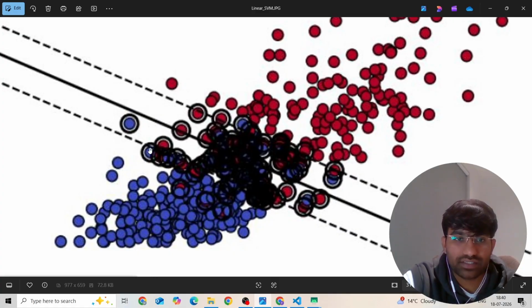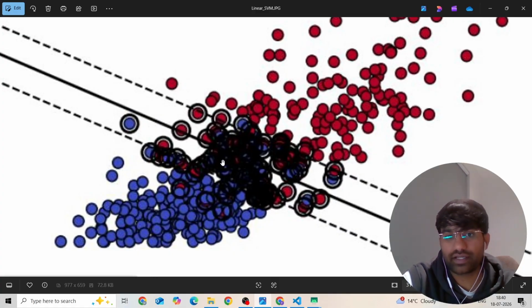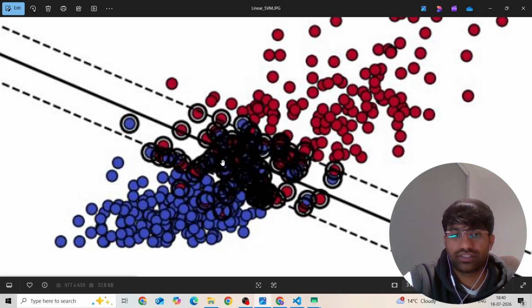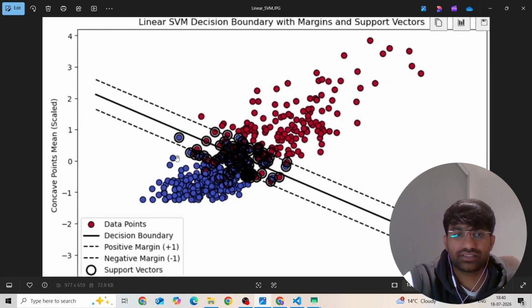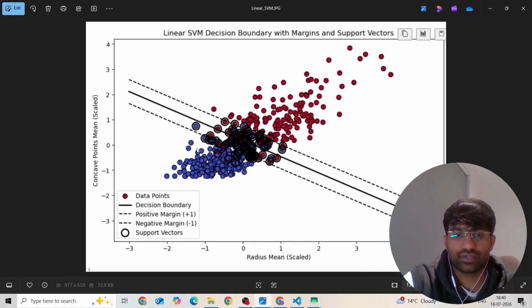These points are on the margins, right? These are support vectors. Margins, best fit line, and support vectors. You can clearly see how it looks for real-time data.